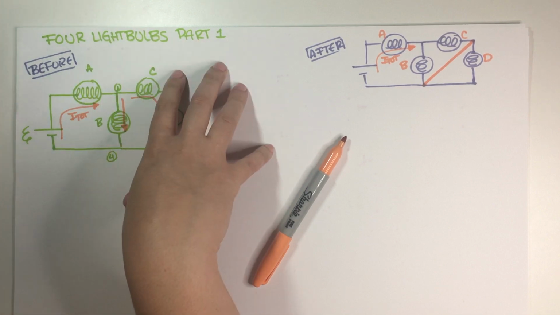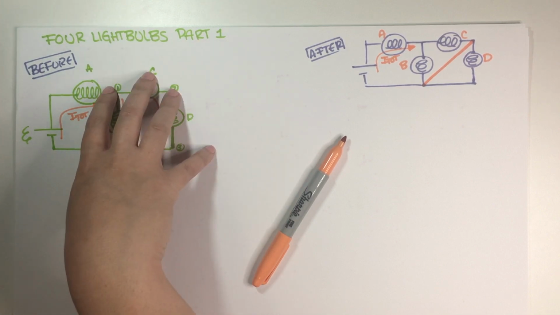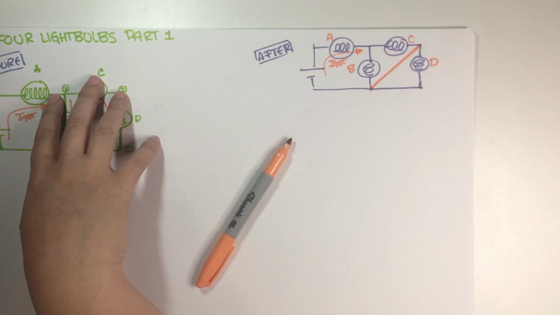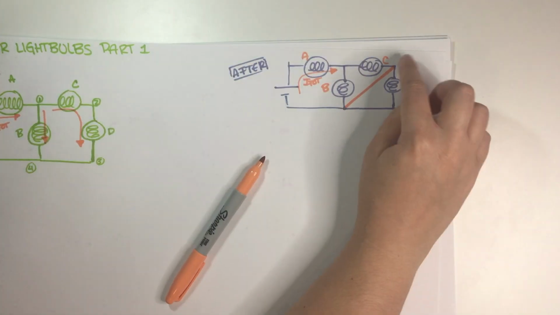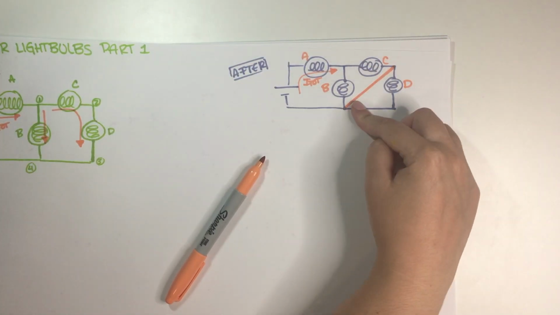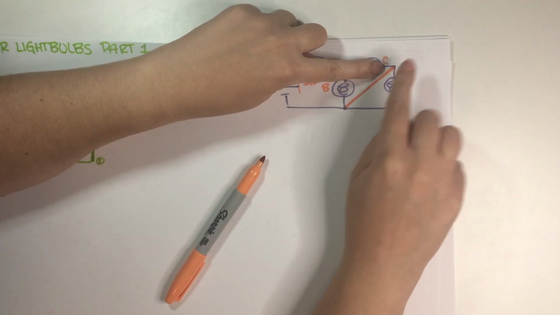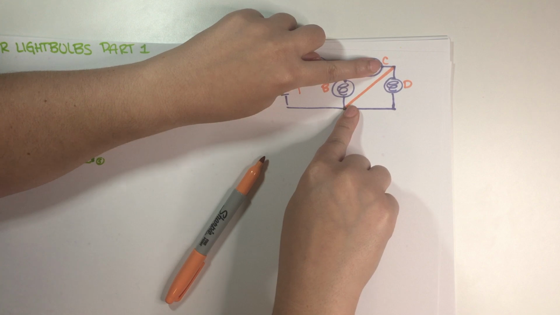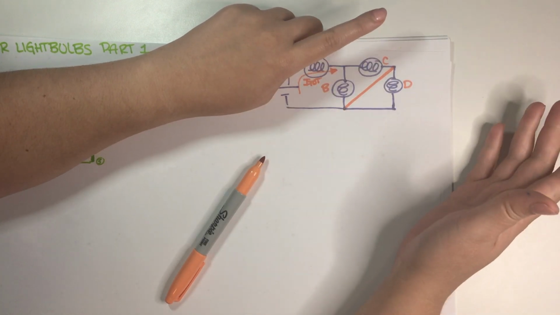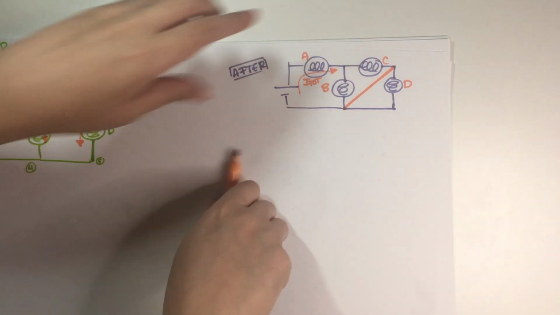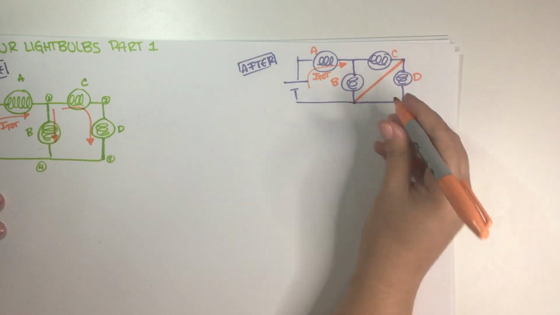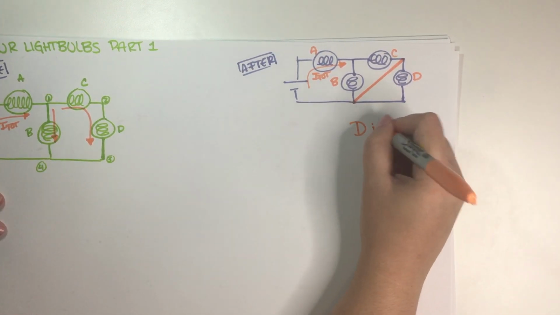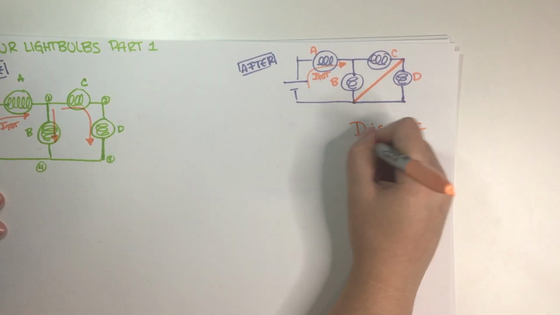But the path of least resistance is different from the path of no resistance. Now that you have a path of no resistance, where you can either go here or here, all of the current is going to go through here, which means that D is basically going to be off. So light bulb D is off. Final answer.